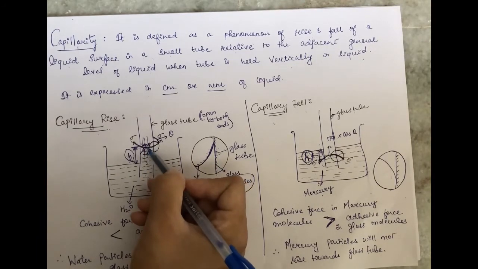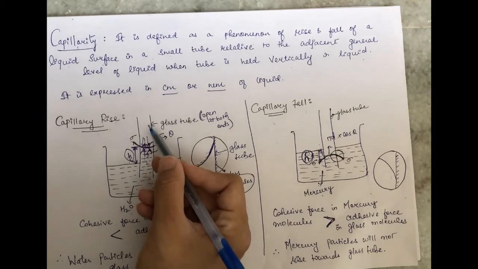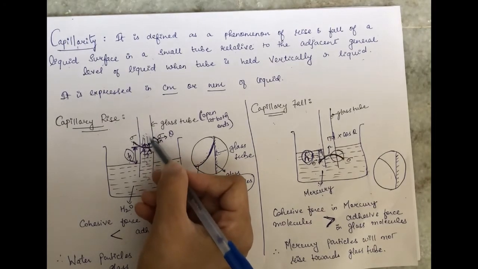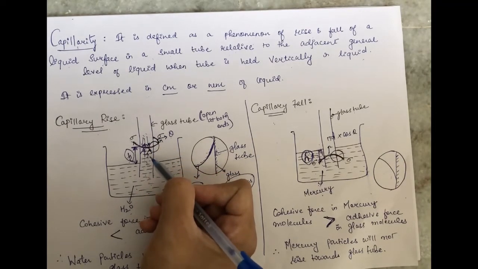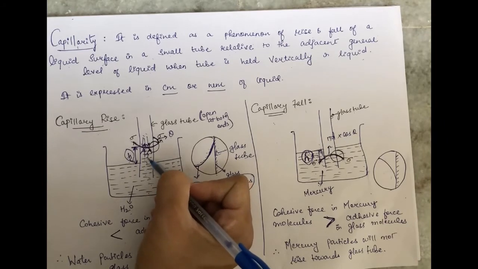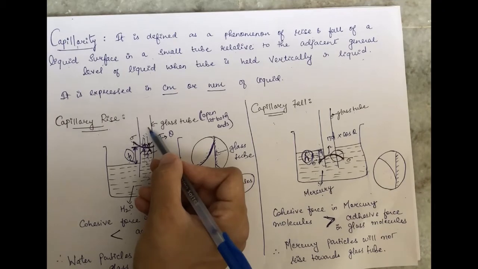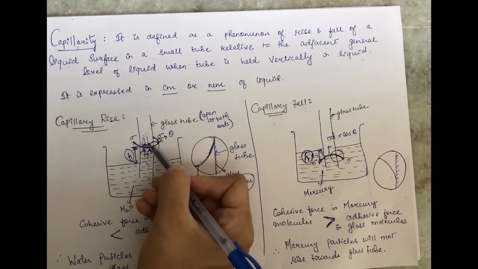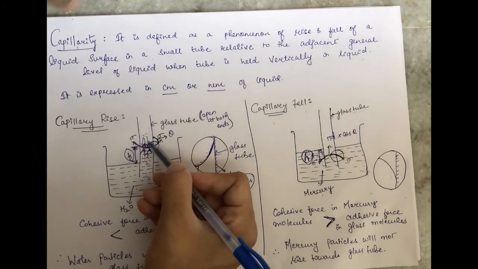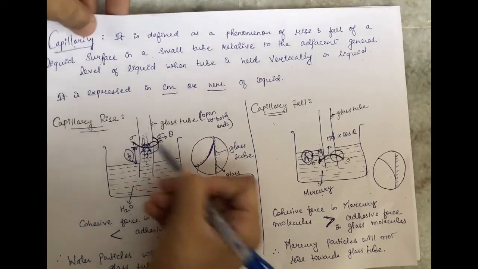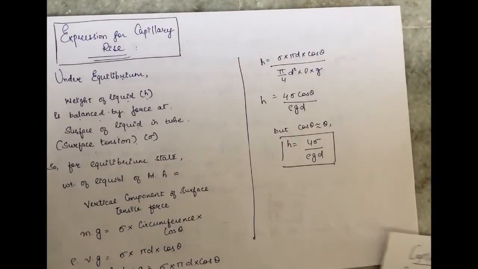So the weight of the liquid in the upward direction is balanced by the surface tension force in the downward direction. So for equilibrium we will compare these forces, that is the weight of the liquid in the upward direction is equal to the surface tension force in the downward direction or at the surface.